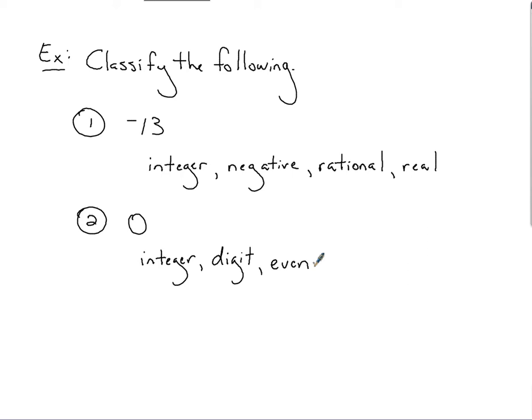Let's see, is it positive or negative? It's neither, right? So I wouldn't be checking that off. Is it rational or irrational? You sure it's rational? Should be now since I'm writing it on the board, but you can write this as a ratio of two integers, right? 0 over 1, 0 over 2, that would work. So once we know it's rational or irrational, it's not going to be imaginary.